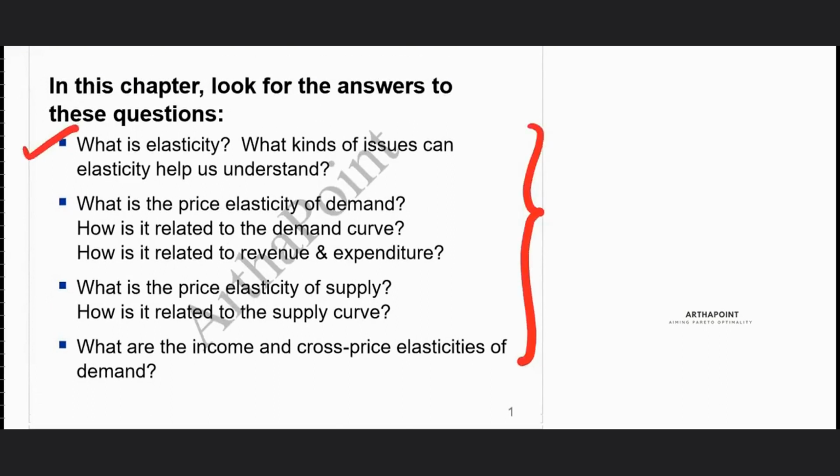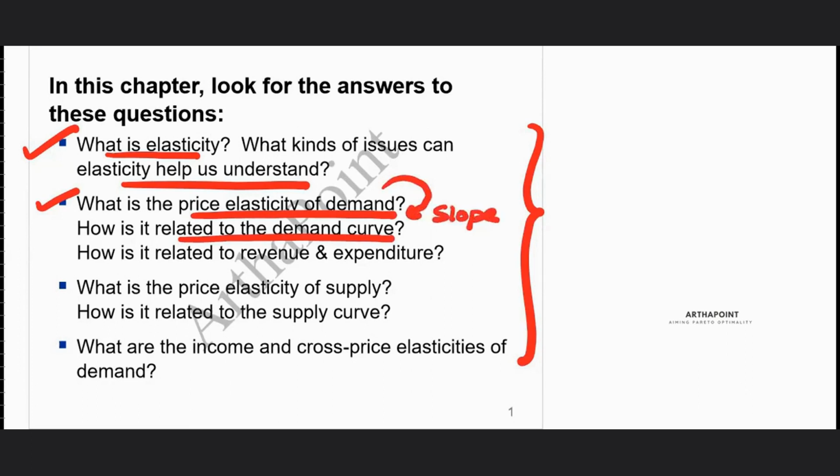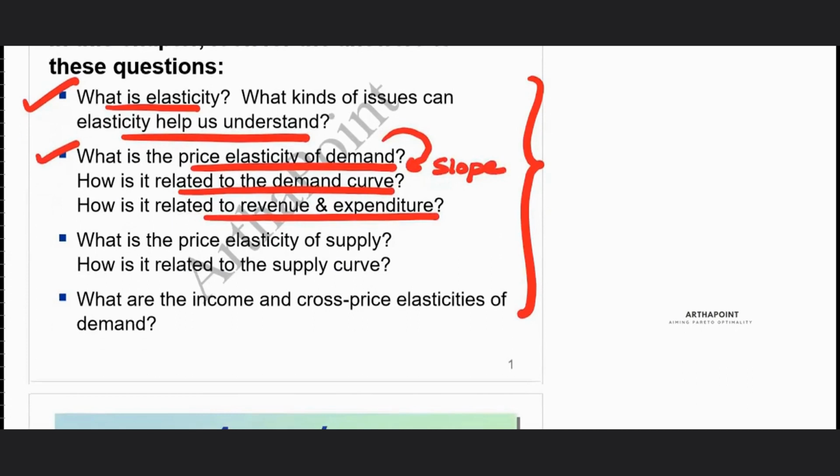First of all, to understand what is elasticity, what are the issues that we can have, and what are the issues that elasticity can resolve, to understand what is price elasticity of demand, how the price elasticity of demand helps us to determine the slope of the demand curve, to understand how it is related to revenue and expenditure, to understand what is the price elasticity of supply, and how it is related to the supply curve.